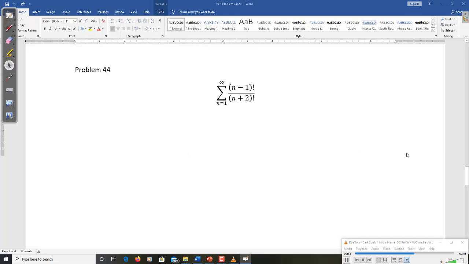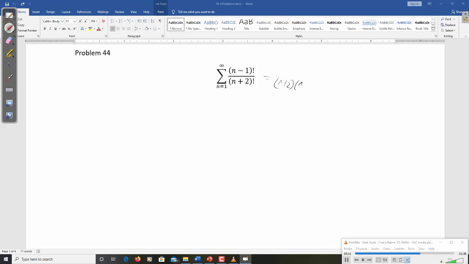Alright, this is a factorial on top and bottom. A trick when you have factorials on top and bottom as factors is that a factorial contains every factorial beneath it. So the bottom there is n plus 2 times n plus 1 times n times n minus 1 factorial. And since I had n minus 1 factorial on the top, you can just reduce that part.